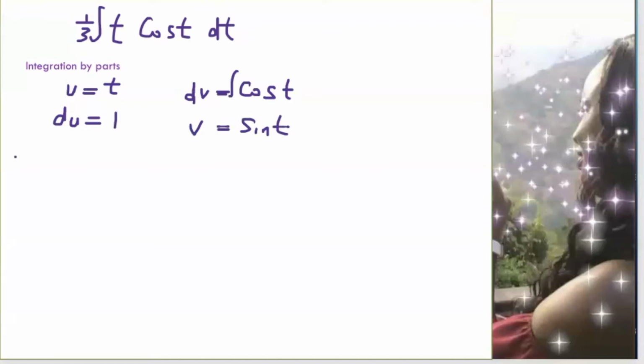Just a reminder, what is the integration by parts formula? It's the integral of u dv is equal to uv minus the integral of v du. That's by parts. That's what we're going to apply.